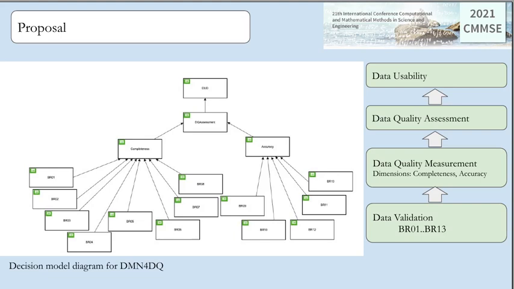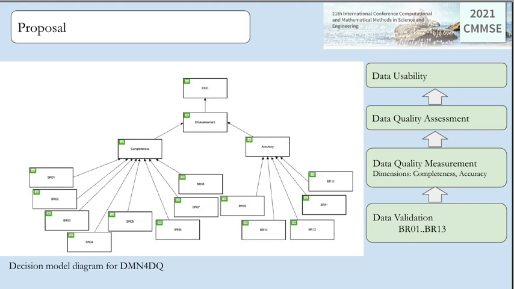To do this, we have to define the decision model to be used. The decision model for the case study is the next. The decision model is focused on two quality dimensions, completeness and accuracy. Thus, incompleteness and inaccuracy of the data could cause confusion, leading to incorrect or unrealistic values being entered into the system and leading to inappropriate decisions when further processing the data collected.